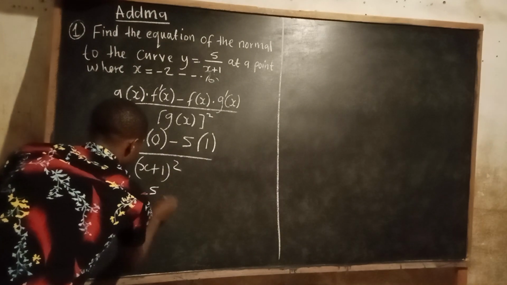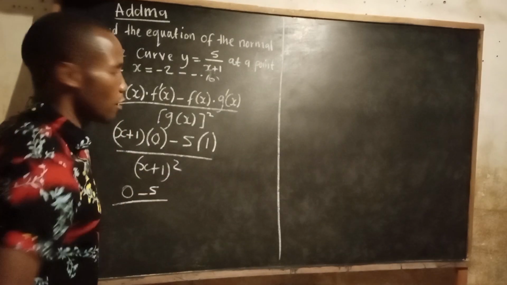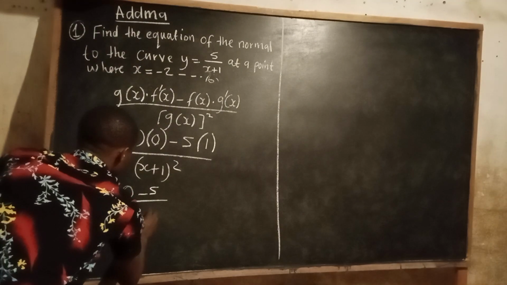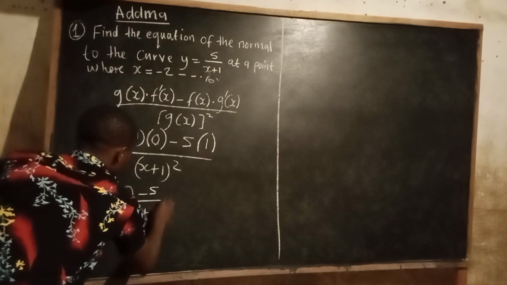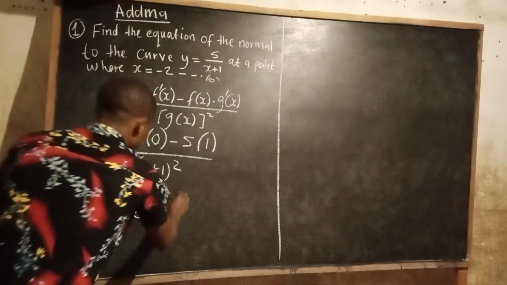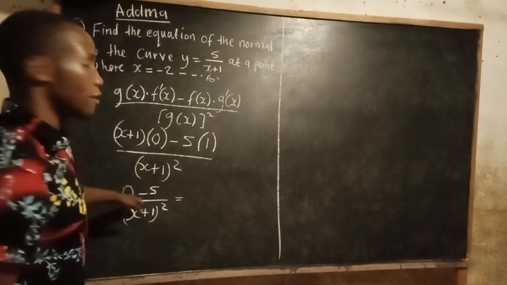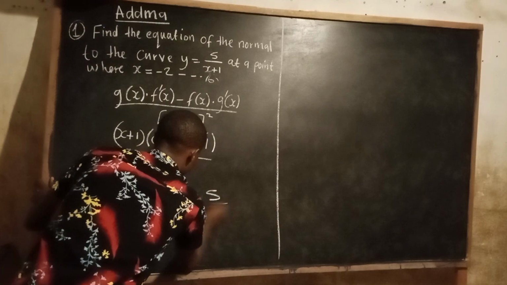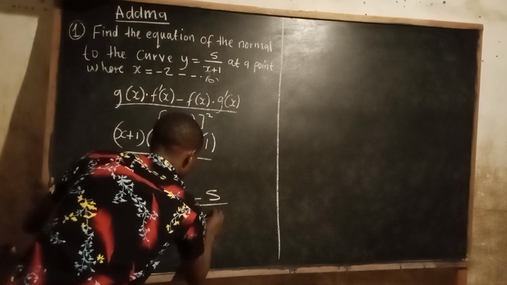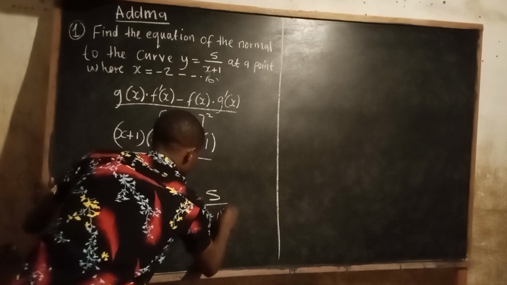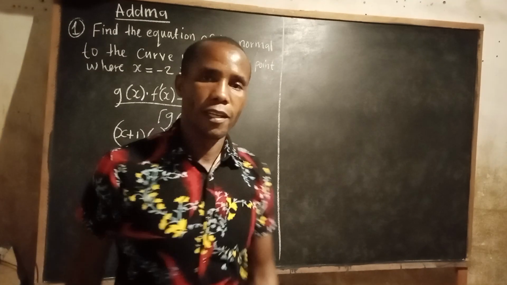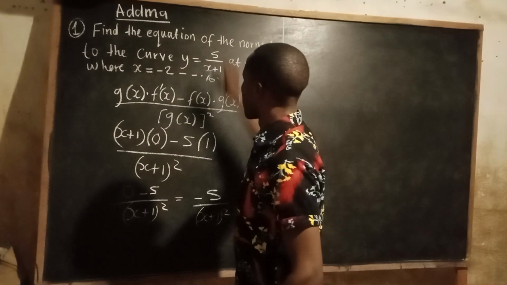Okay, over the denominator, we just drop it down like the way it is. And just bring it down there. Square. Okay, then from there, we can tell that this is now 0 minus 5 is negative 5 over x plus 1 squared. Okay, so this is the differential of this scale.